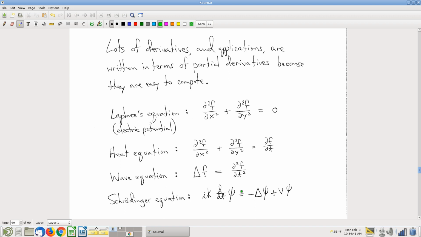So anyway, lots and lots of very physically natural things are all described in terms of partial derivatives. This is one of the big important facts to know about partial derivatives: they're extremely useful as a computational, sort of atomic, tool to use.